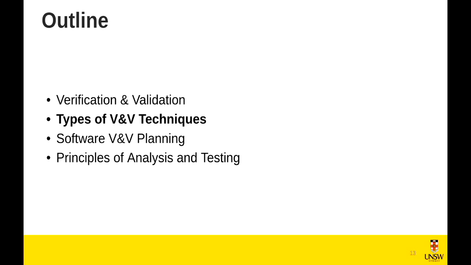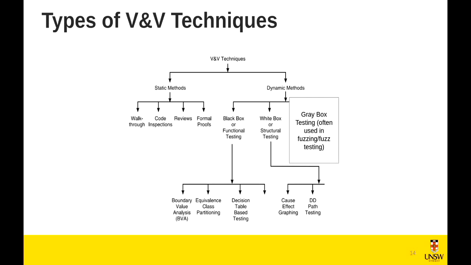And now let's come to the second topic today, different types of verification and validation techniques. This is a taxonomy for different techniques. Basically, we can see them as static methods or dynamic methods.